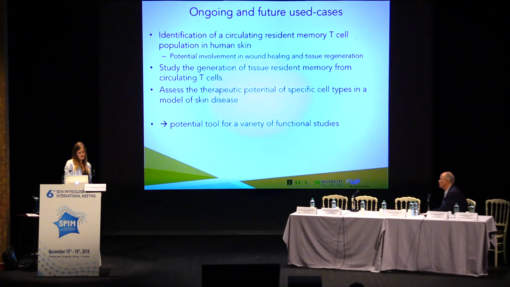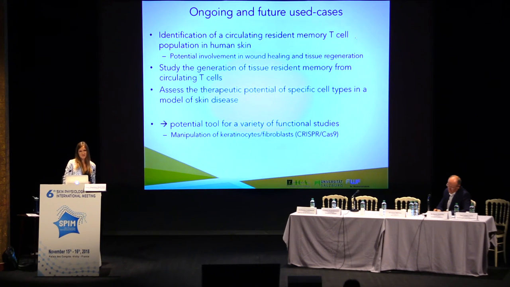So taken together, we think that we created a potential tool that can be useful to a broad variety of scientific fields. We can specifically manipulate the keratinocytes, for example using CRISPR-Cas9, knocking out specific genes important for recruitment or even for skin differentiation.